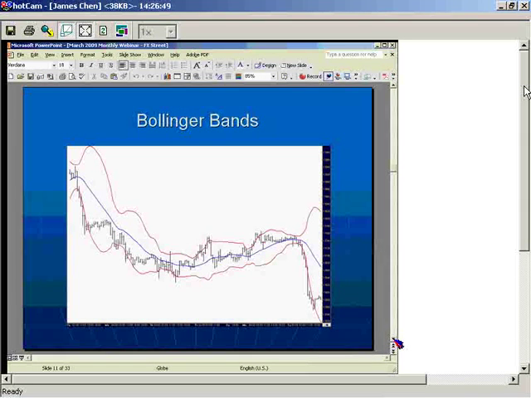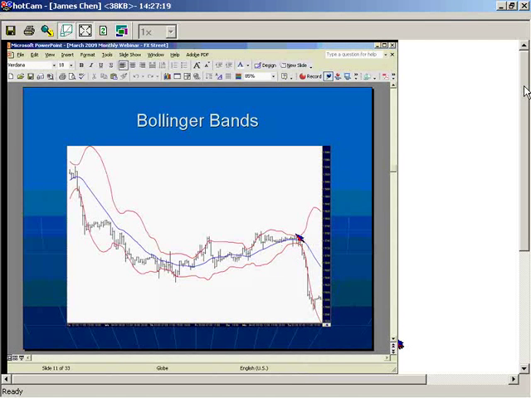Bollinger Bands, again, I use them primarily. Some people, for example, you take a look at this towards the right-hand side of the screenshot here, some people are looking for that type of thing. Actually, this is called the squeeze. If you've ever read any of John Bollinger's work, the squeeze is where you have a contraction of volatility and then a breakout in one direction or another. So this is a perfect example of that.